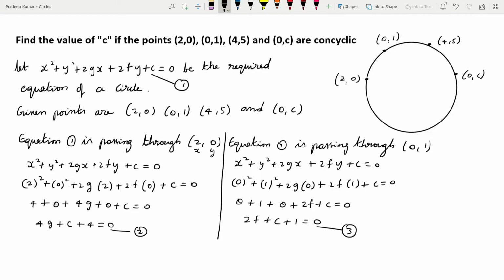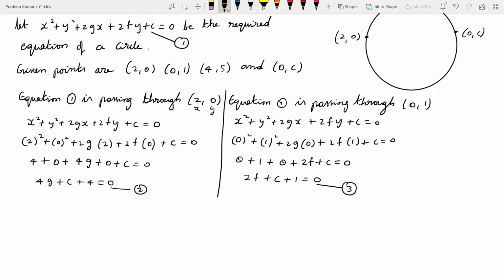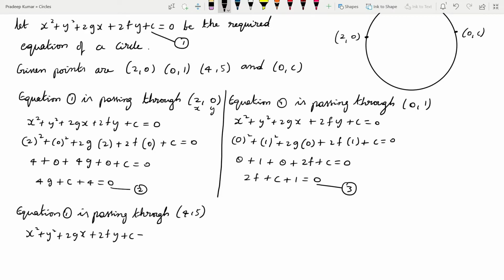So we have equation 2 and equation 3 from (2, 0) and (0, 1), and we'll do the same for (4, 5) also. Equation 1 is passing through the point (4, 5). Let's write the general equation x squared plus y squared plus 2gx plus 2fy plus c equal to 0.